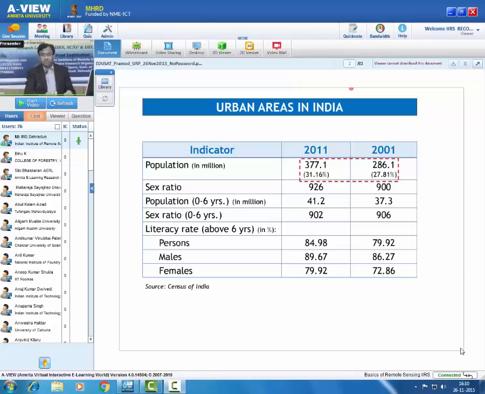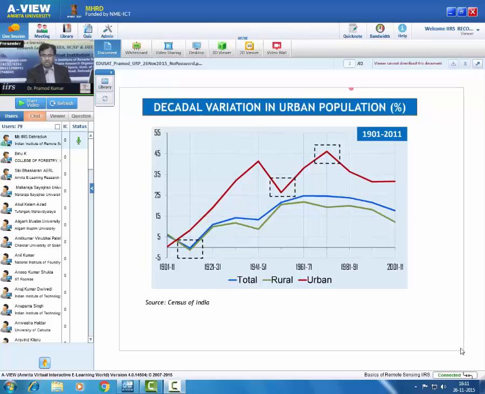It is assumed that the urban population will constitute close to 40% or more in the year 2030. Urban areas have a large contribution to the GDP, so this cannot be ignored. In that context, urban and regional planning has relevance.